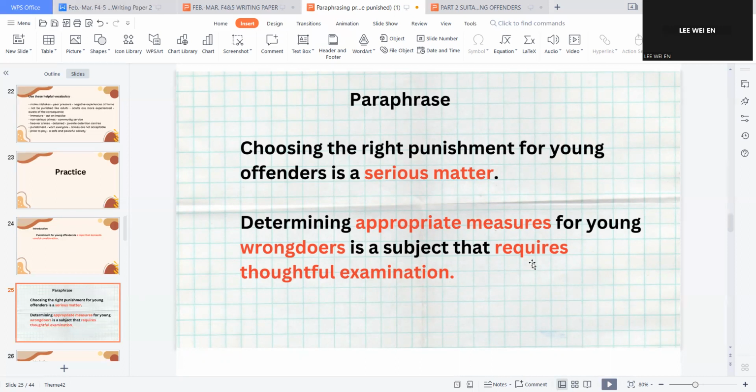There are different ways of rephrasing it. You can flip the sentence.